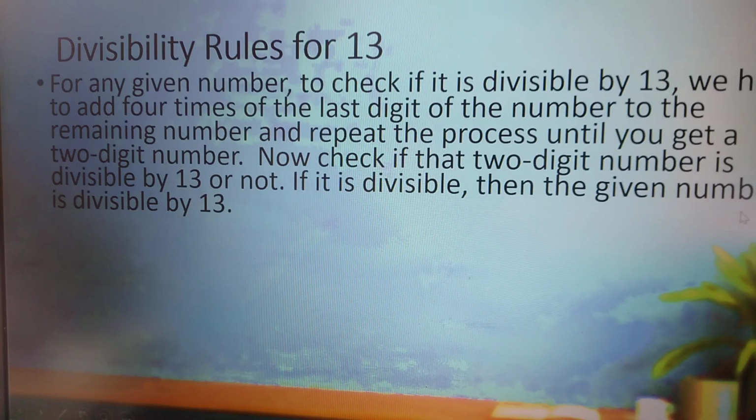Divisibility rule for 13. For any given number, to check if it is divisible by 13, we add 4 times the last digit of the number to the remaining number and repeat the process until we get a 2-digit number. Then check if that 2-digit number is divisible by 13 or not. If it is divisible, then the given number is divisible by 13.